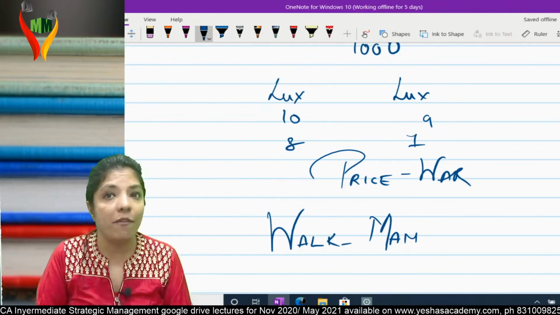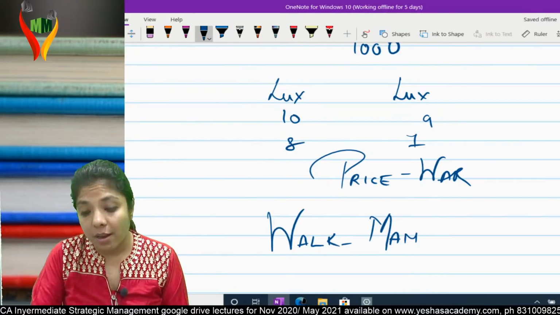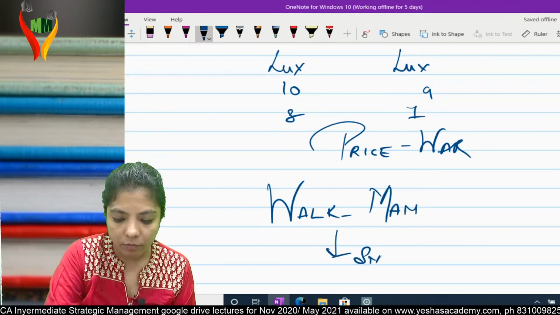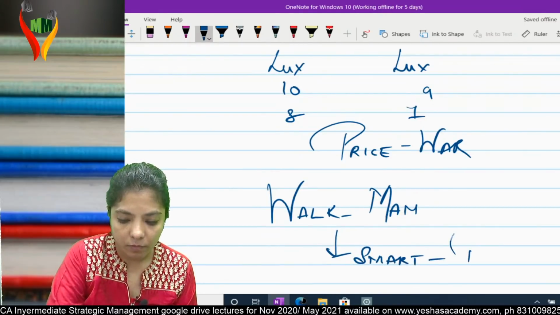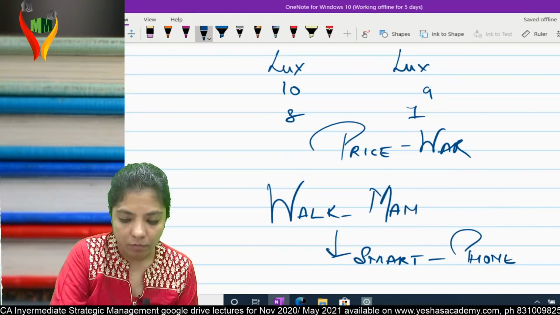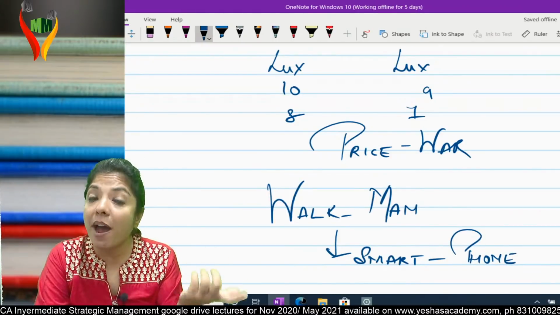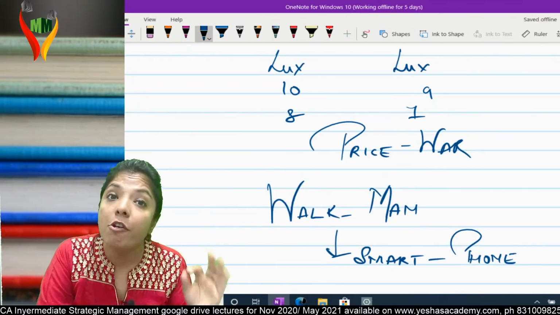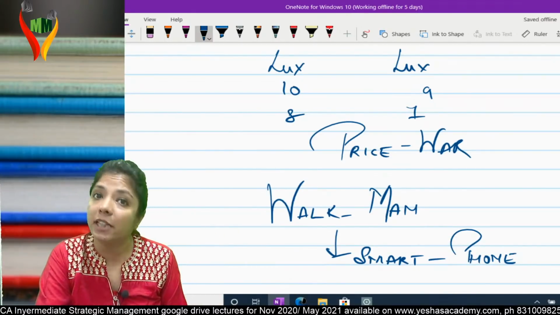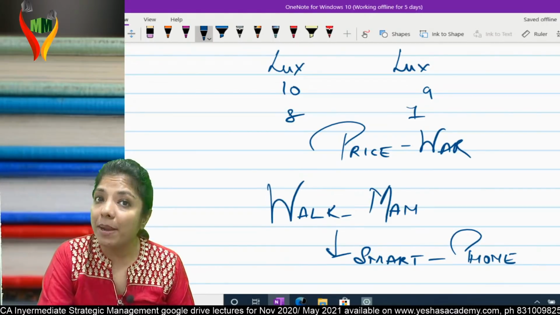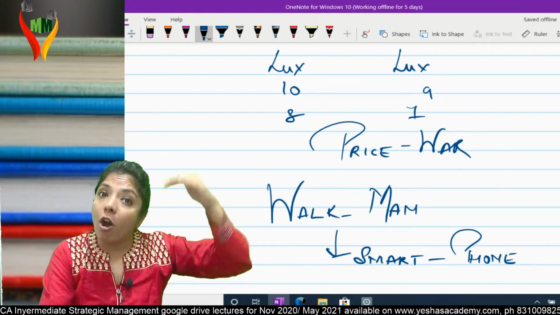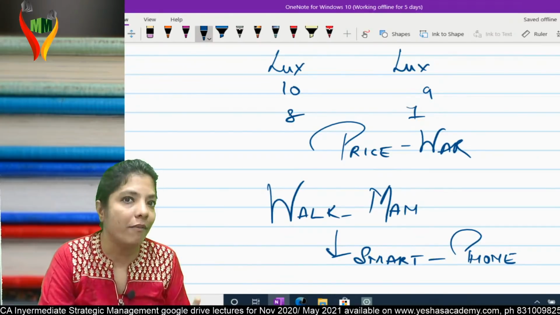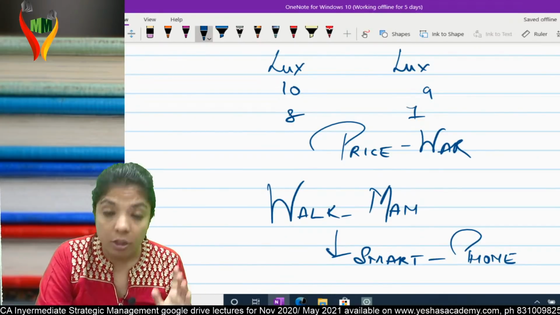So you needed a Walkman, and people used to buy it. Now do people buy a Walkman? No, they have smartphones. That means a smartphone is not the same as a Walkman, but it provides the same function. Getting my point? Because of smartphones, Walkman sales came down, and in turn profits came down. I hope I'm very clear. So can I go ahead?